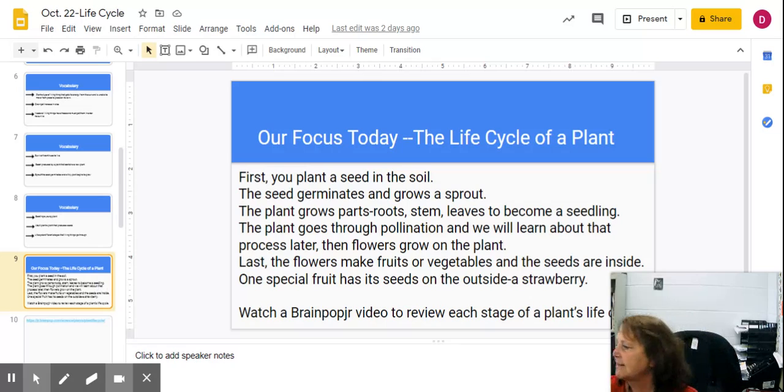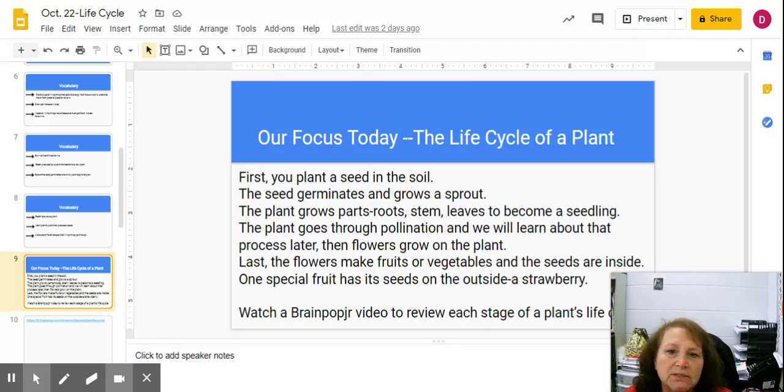Our focus today: the life cycle of a plant. First, you plant a seed in the soil. The seed germinates and grows a sprout. The plant grows parts such as roots, stem, and leaves to become a seedling, a young plant.